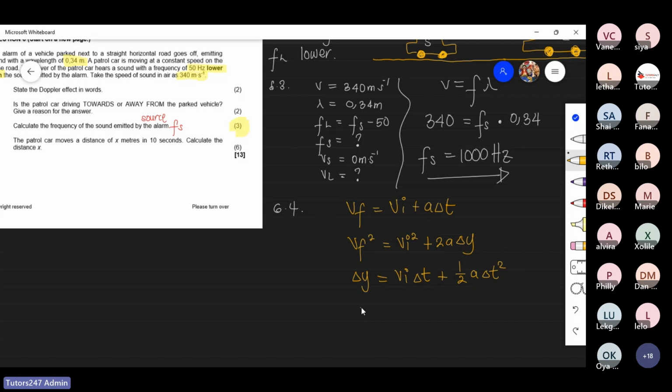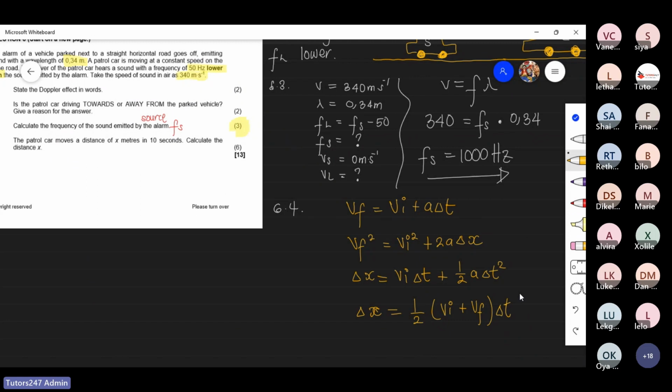And in addition, I'm going to replace y with x, because we are not doing vertical projectile motion, so it's not vertical displacement, it is horizontal displacement. Delta x equals 1/2 into Vi plus Vf delta t. So these are our 4 equations of motion.